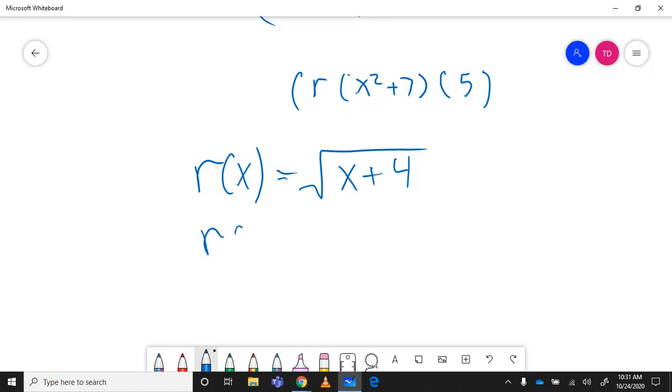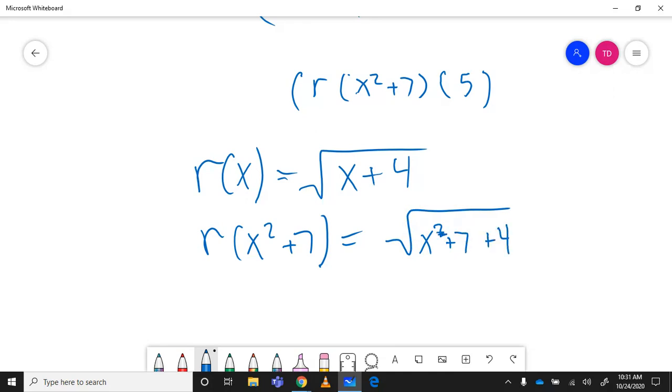So if we have r of x squared plus 7, then we are going to have the square root of x squared plus 7 plus 4. Or the square root of x squared plus 11.